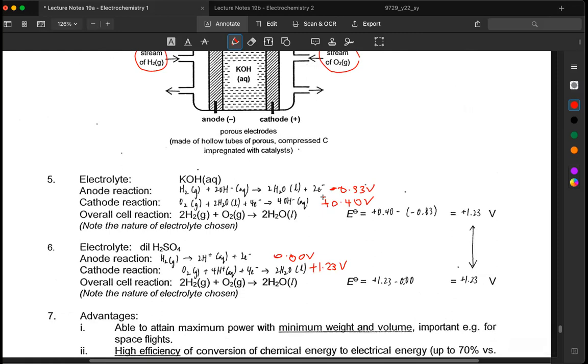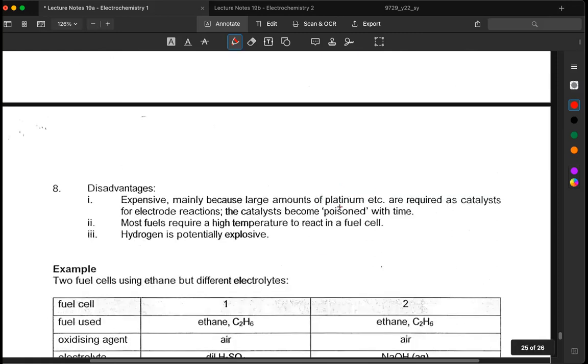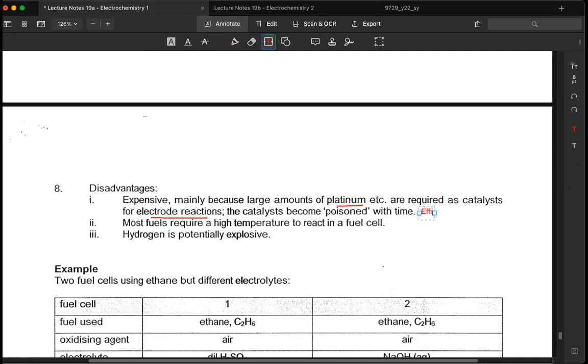Platinum is used as a catalyst actually. It's not the usual way you use platinum as an electrode, but you use it as a catalyst. Then the catalyst will become poisoned because over time, the active sites, so-called, will accumulate impurities. Then it will not function well. Then it will decrease the efficiency over time. So efficiency will be compromised in the long run.